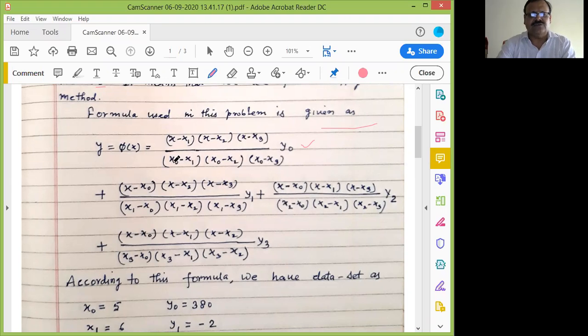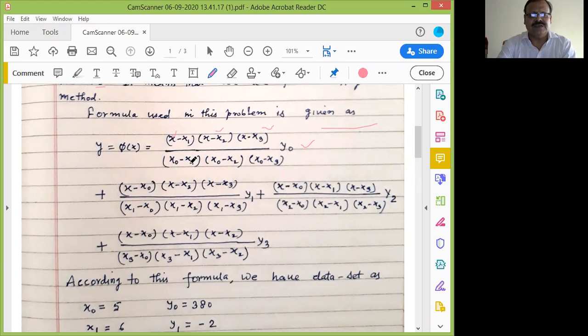In the numerator, x naught would not be considered; x minus x1, x minus x2, and x minus x3.